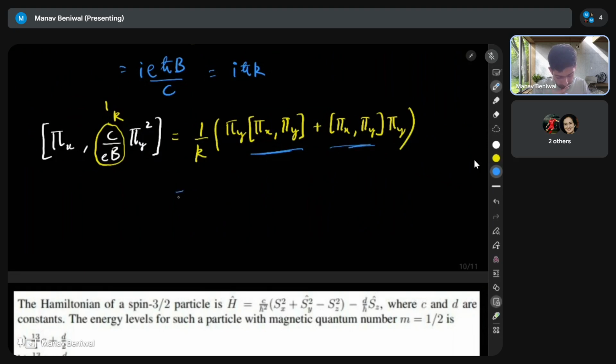So this then becomes 1 over k and iota h cut k pi y plus iota h cut k pi y.